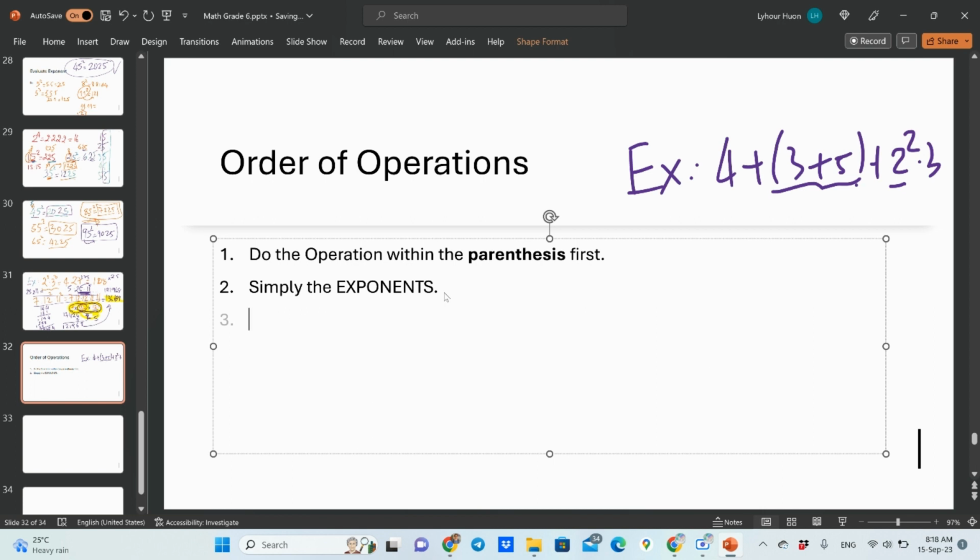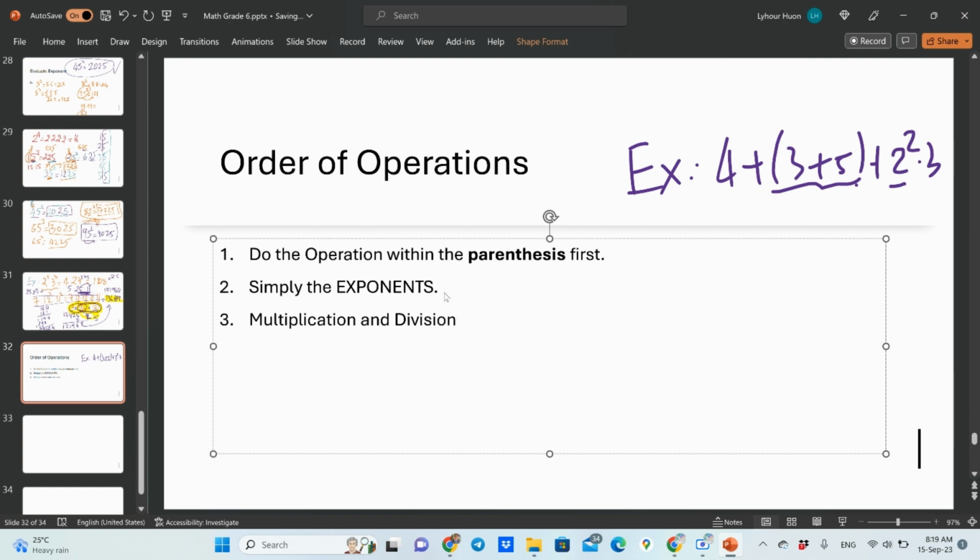So is the exponent being multiplied by three? Yes. So we do multiplication and division. Yes, we do multiplication and division.